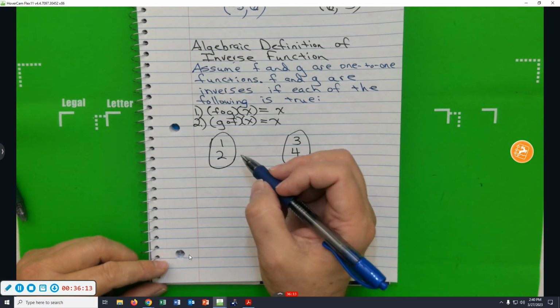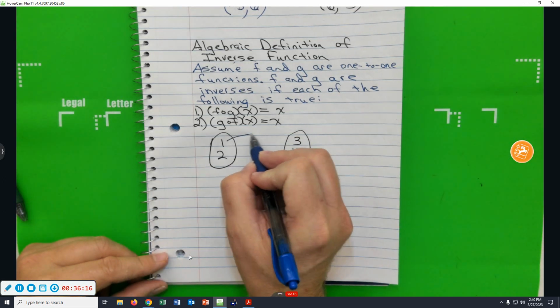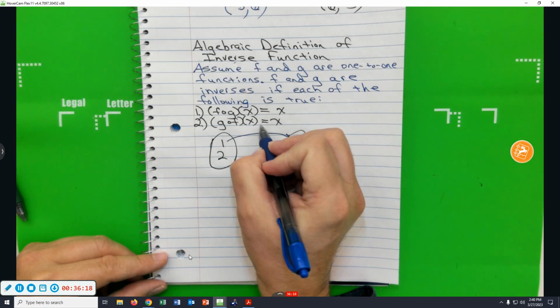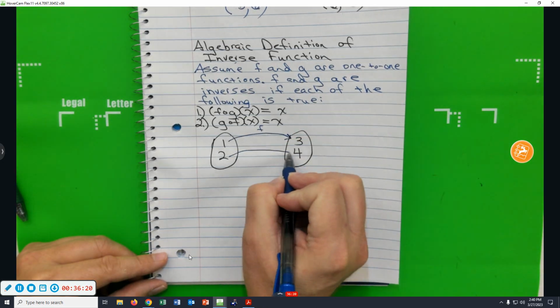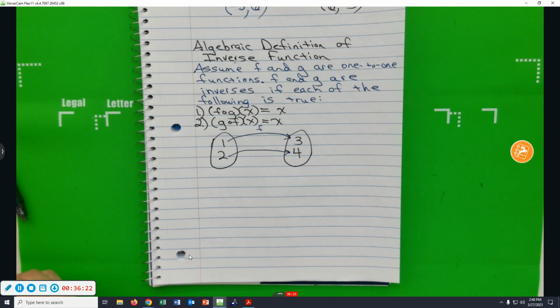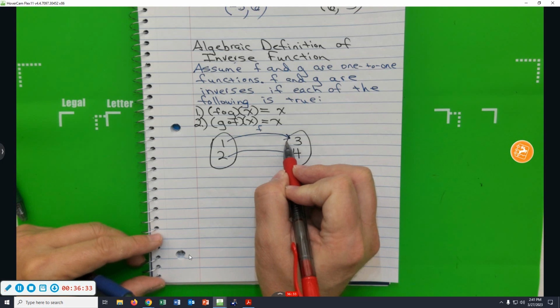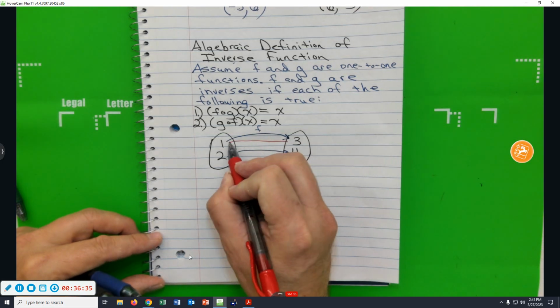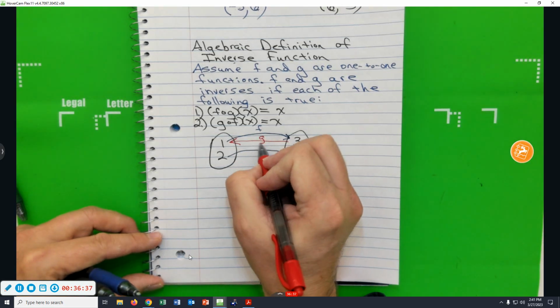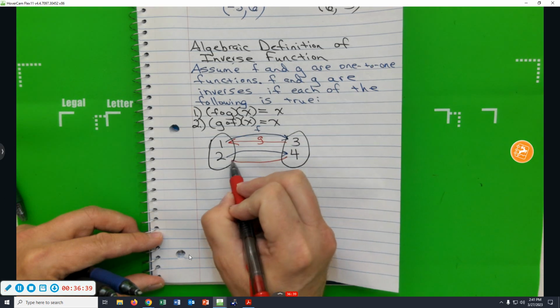Let's suppose that f takes 1 to 3 and 2 to 4. If these functions are inverses, then the inverse g has to take 3 back to 1, and 4 has to go back to 2.